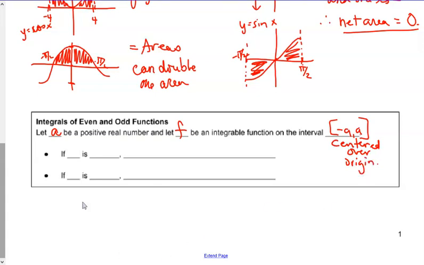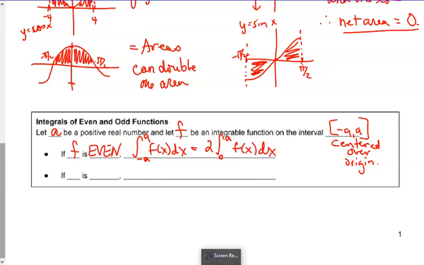All right, so if f is an even function, then the integral from negative a to a of f of x dx, now remember, this is the even function where I have the same exact areas, both of them being positive or both of them being negative, therefore I can double the integral from 0 to a of f of x dx.